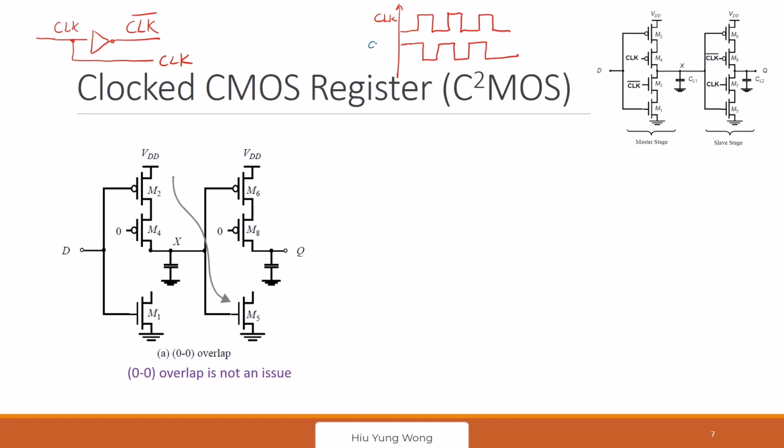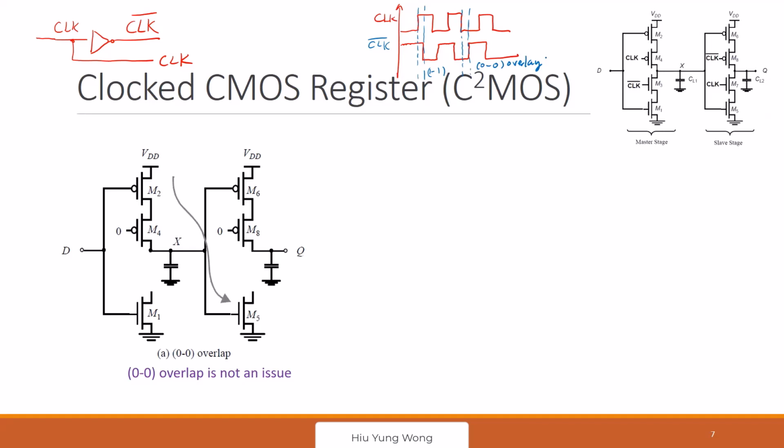From here, you see that when the clock goes up, the clock bar is still up. This is called 1-1 overlap, as we said earlier. And from here, when the clock goes down, the clock bar is still low. So this is 0-0 overlap. In the last class, we saw that if you have 1-1 or 0-0 overlap for certain circuits, you are going to contaminate the data because you suddenly turn on both latches at the same time.